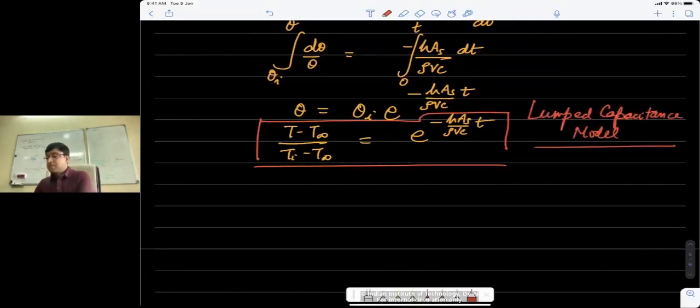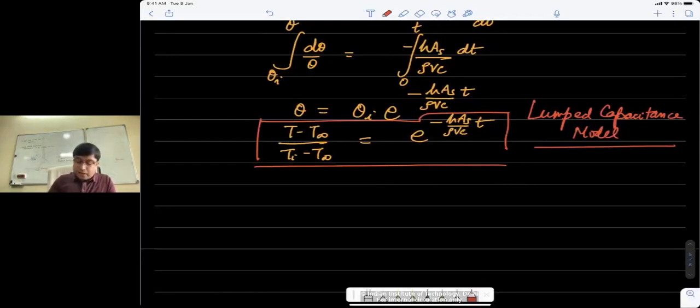Typically in transient systems, this is the first step we follow. So the lumped capacitance method is the first step we typically follow when we deal with any transient problem, because it allows us to calculate the solution fairly easily.